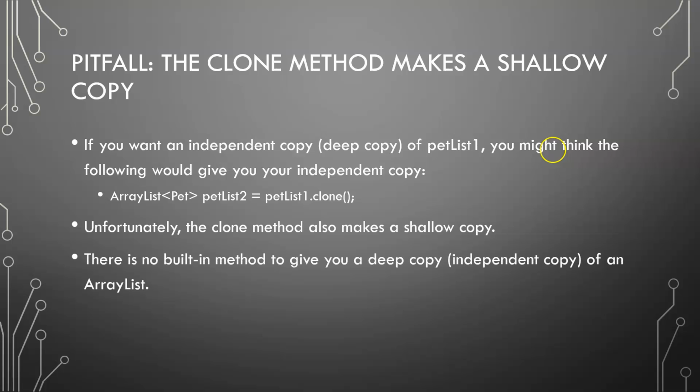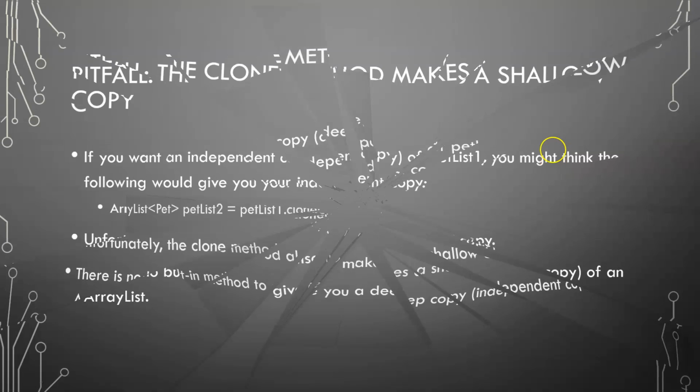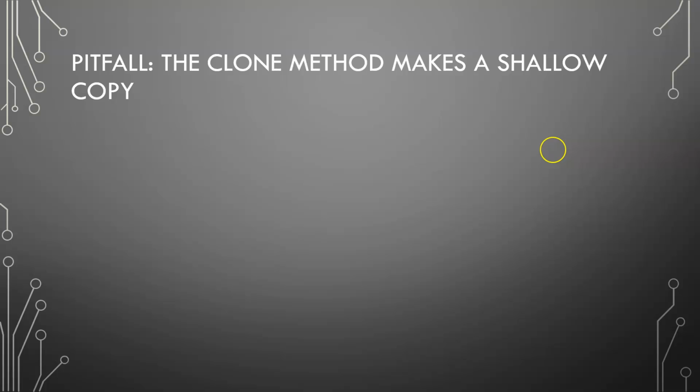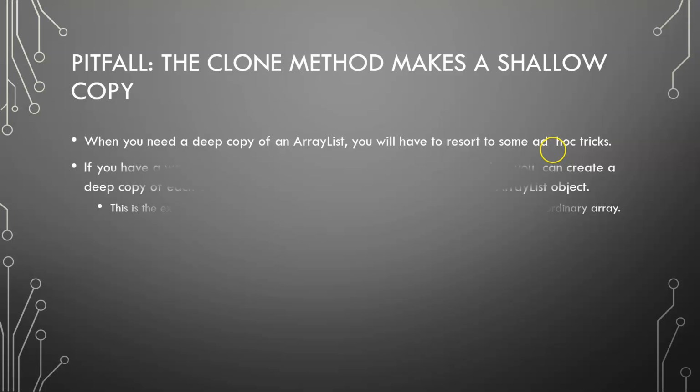There's no built-in method to give you a deep copy or an independent copy of an ArrayList. When you need a deep copy of an ArrayList, you'll have to resort to some ad hoc tricks. So it's not going to be something that's clean and easy to do.